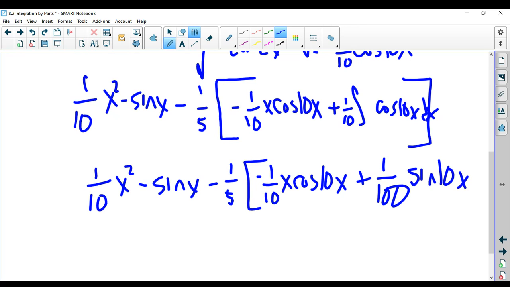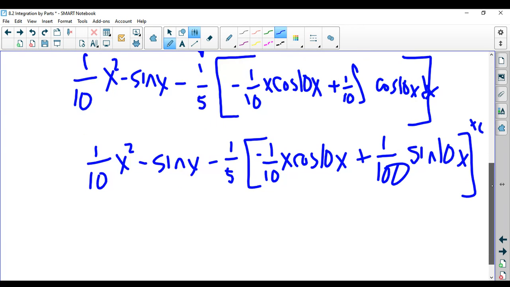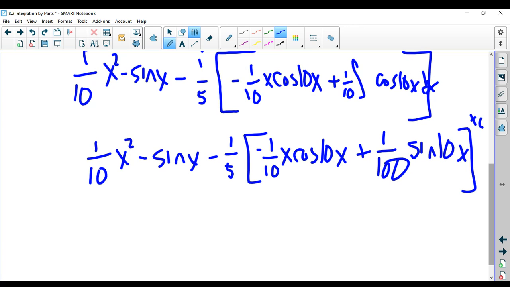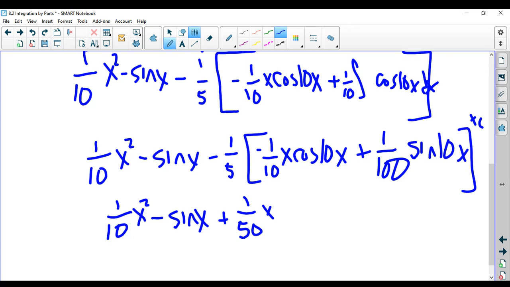There's our unsimplified answer, plus c. I'm going to just multiply this negative 1/5 through. So it's positive 1/50. And this is not simplifying really, this is just distributing.